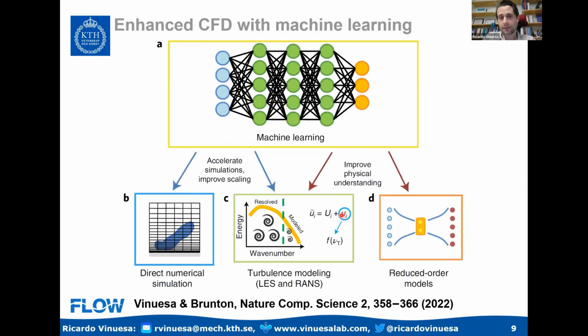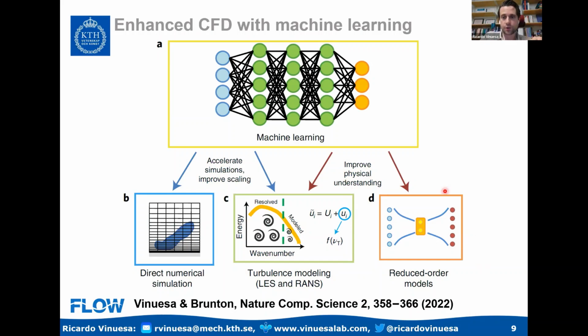More concretely, I have a review paper together with Steve Brunton, who is incidentally the next speaker of this webinar series. This is published in Nature Computational Science, so you can see the reference here, where we assessed how machine learning can help computational fluid dynamics. And we identify three main areas where machine learning can actually help. We can accelerate direct numerical simulations, we can improve the modeling, both in the context of RANS and LES, and we can develop better and more robust reduced order models.